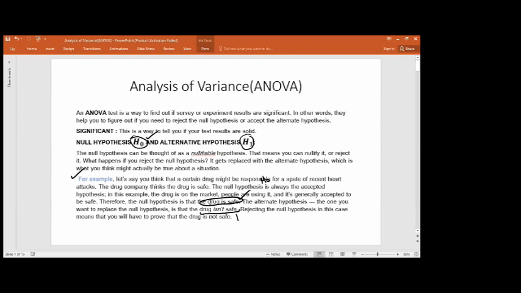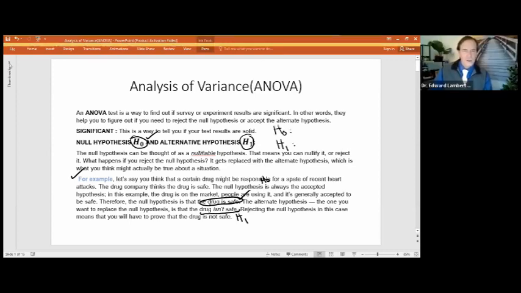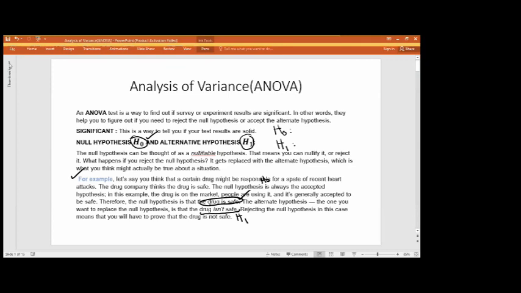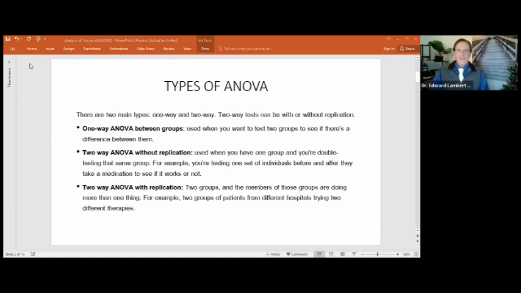We're still on the very first slide. We don't see the second slide yet. This is the first slide, then this is the second slide. There we go. Now we see it.